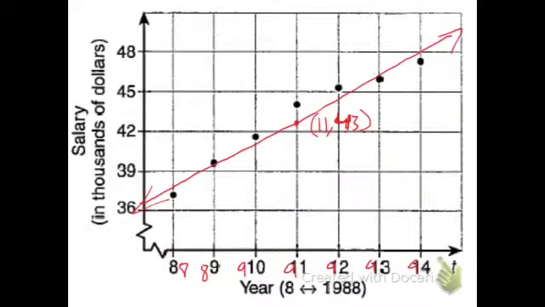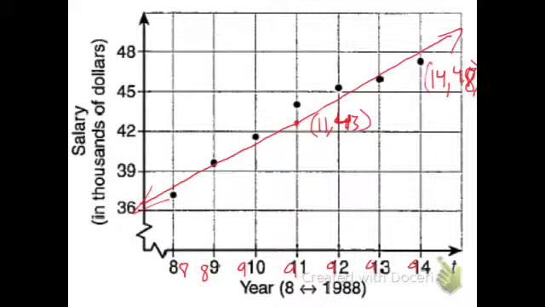And so let's use this point. We already have the point 11, 43. Let's get another point. Hey, that looks like a point we can use, which would be the point 14, 48.